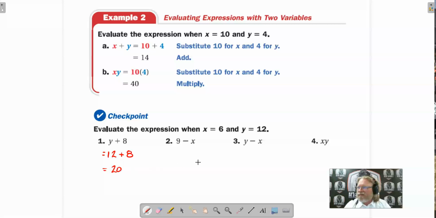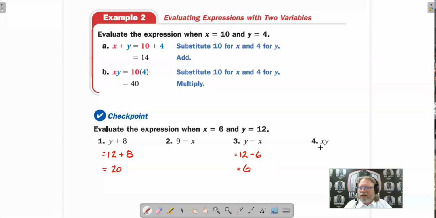So number 1 has a value of 20 when we evaluate it. And what about number 3, y minus x? Well, y is 12, the operation is subtraction, and x is equal to 6. So it would equal 12 minus 6, and 12 minus 6 is indeed 6.